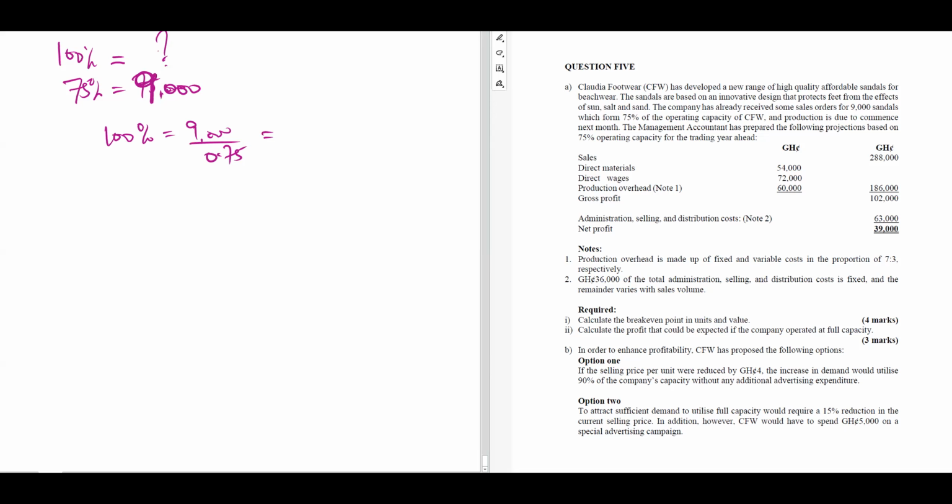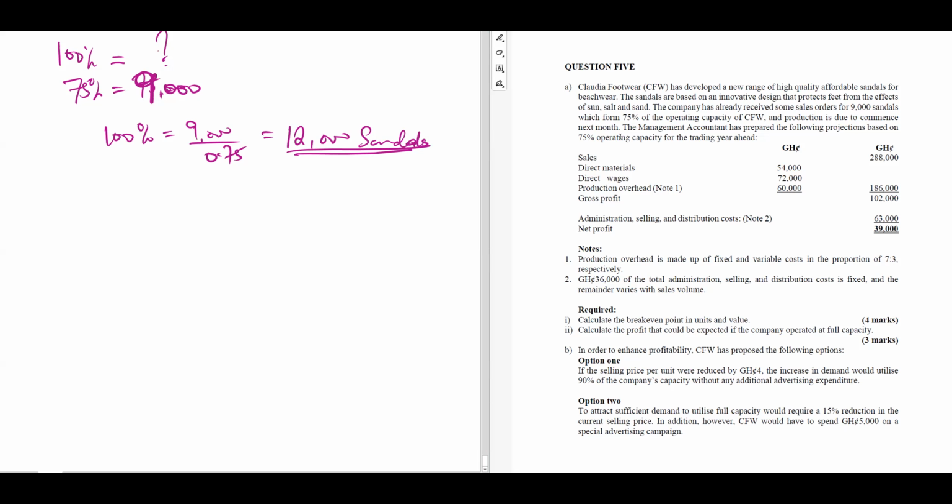So 12,000. You get it. So we know that the overall capacity is 12,000 sandals.